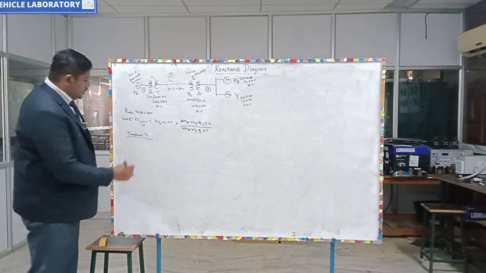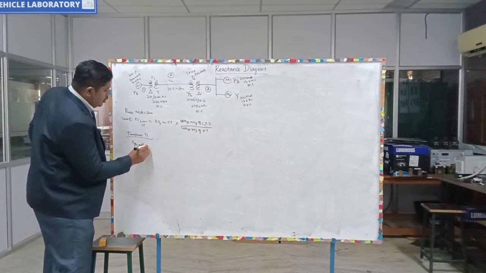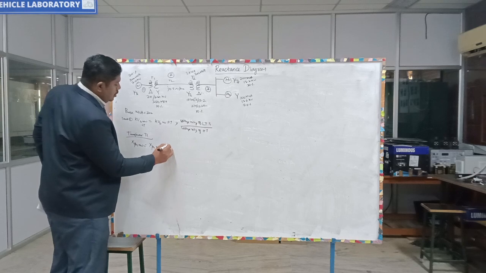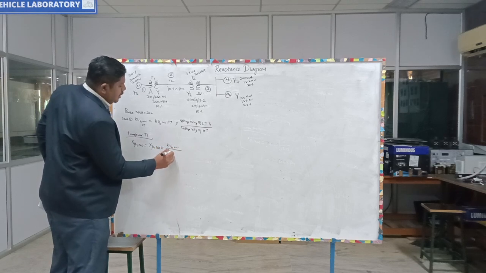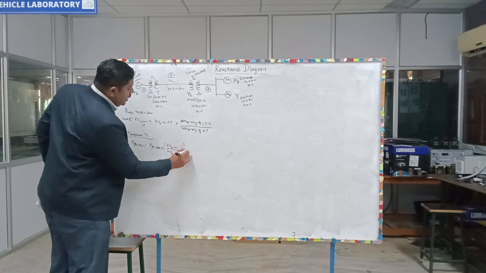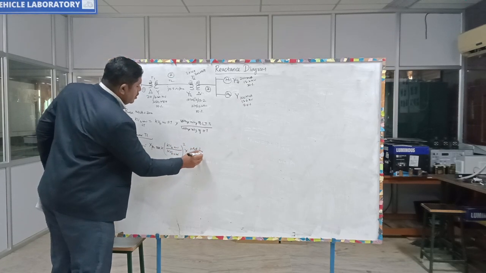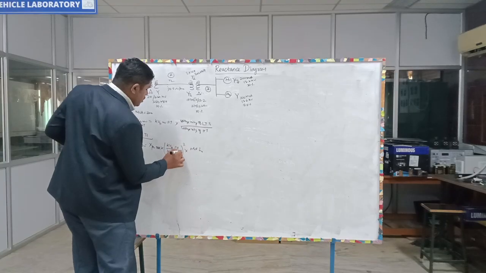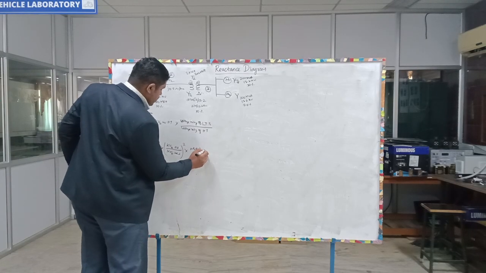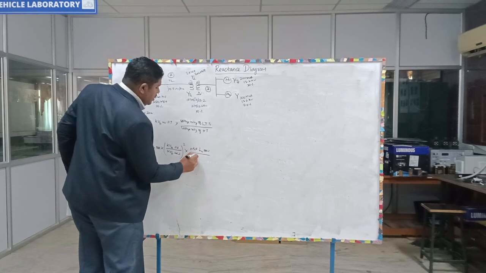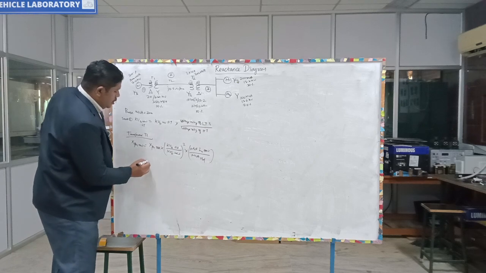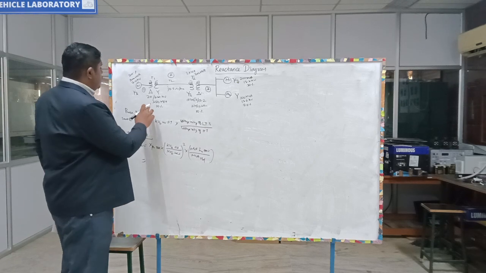How to calculate the reactance: X per unit new is equal to X per unit old into kV base new by kV base old, squared, into MVA base new by MVA base old. So what's your X per unit old for transformer T1?